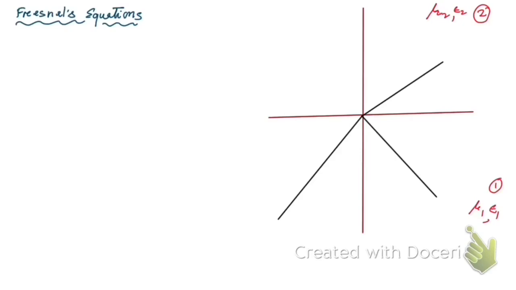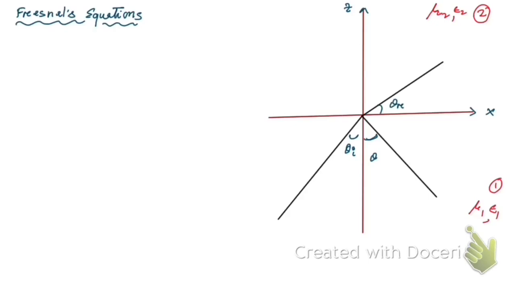Suppose this is the x-axis, and this is z. This is the angle of incidence, theta I, and this is the angle of reflection.